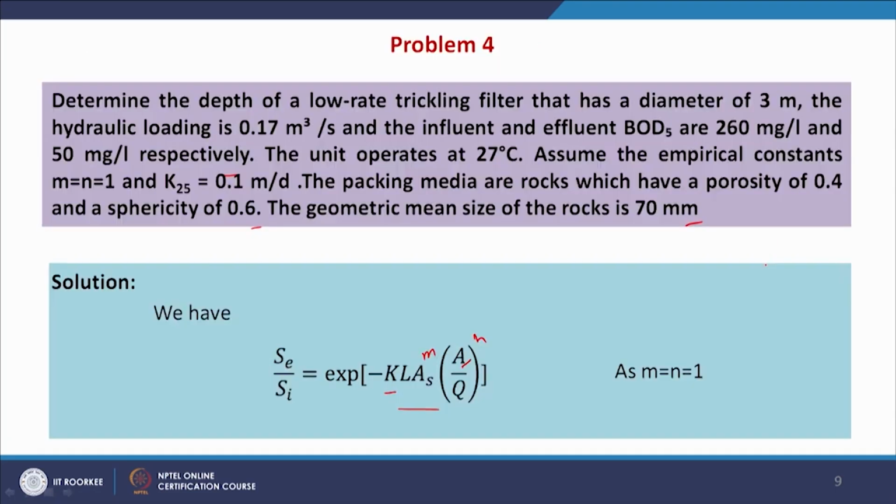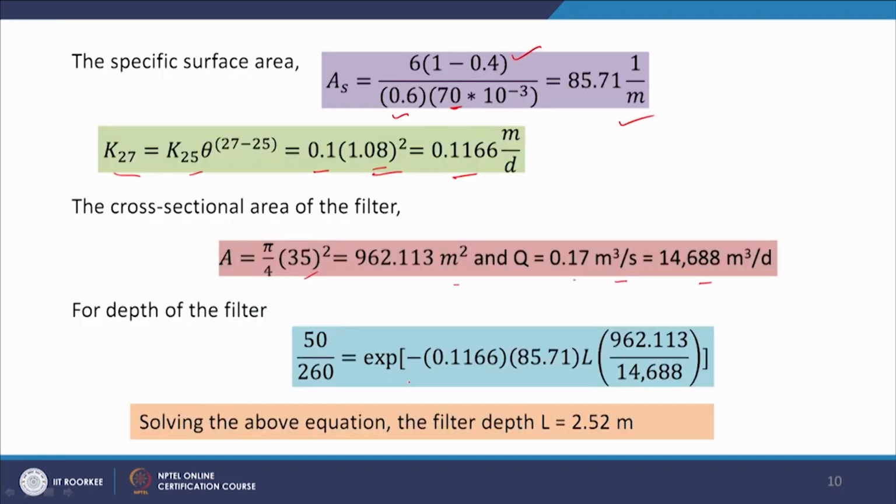Now, we have all those values, so we will put the values and use this formula to get the value of L. So, what we are getting? Ce is 50, Si is 260, and then exponential of minus k into the value of As to the power n, that is 1, and L to the power m, that is 1, then L, and A by Q to the power n, that is again 1.